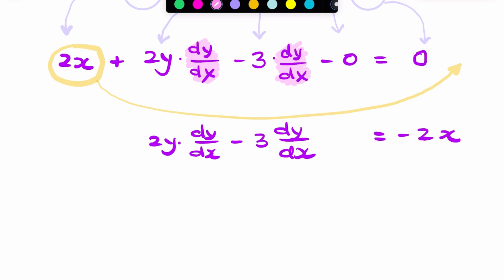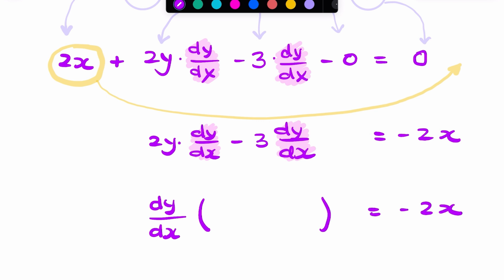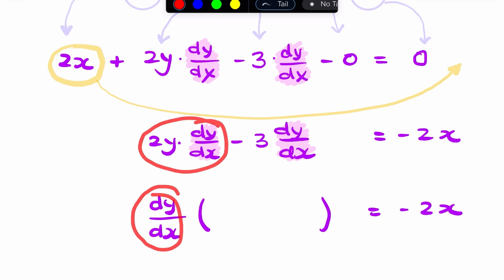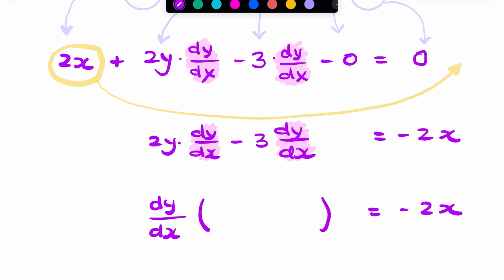Now, even though we have dy by dx on the left, we have 2 of them. So what you want is just one of them. So if we take dy by dx as a common factor, we end up with dy by dx times 2y minus 3.